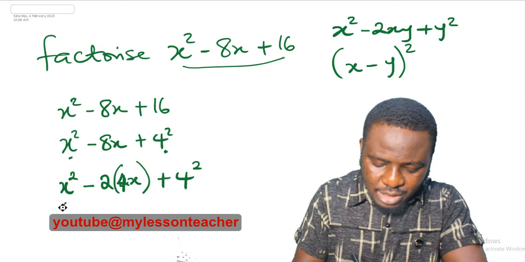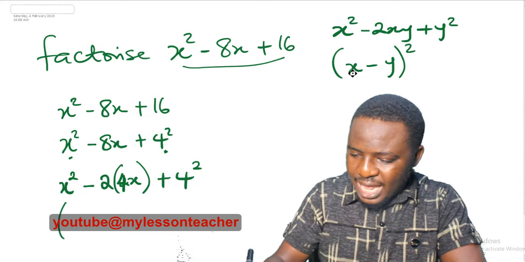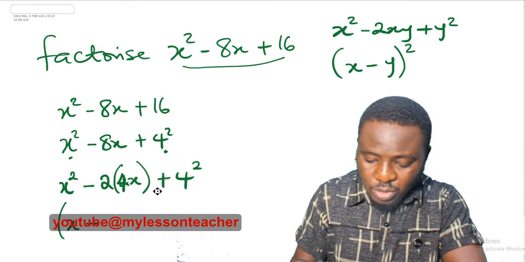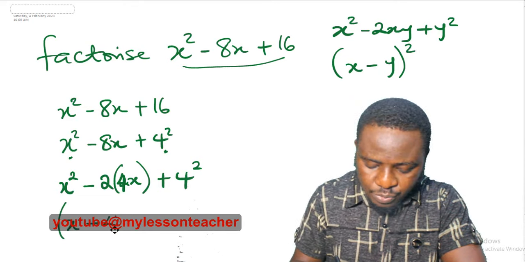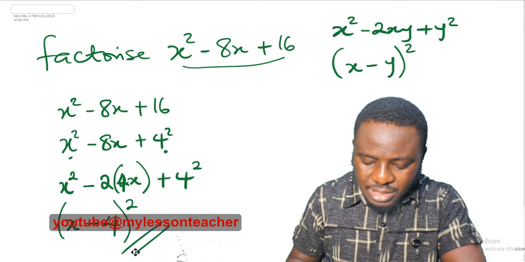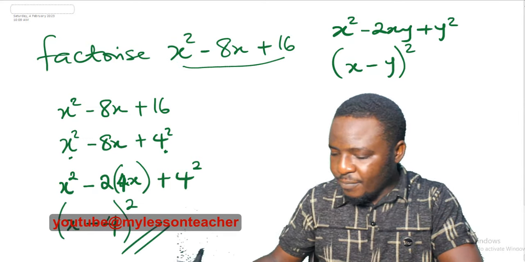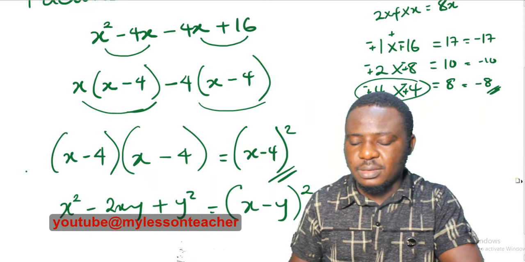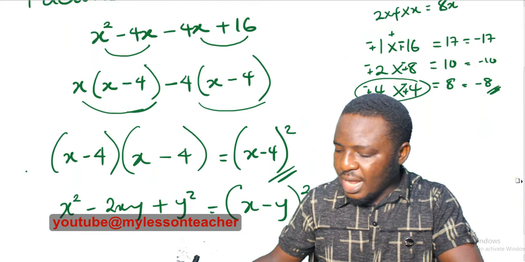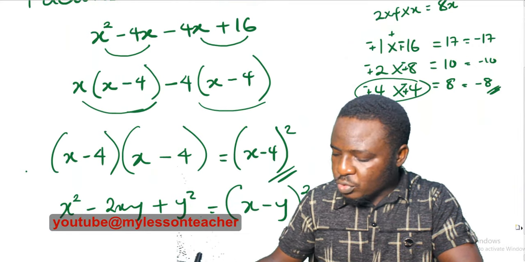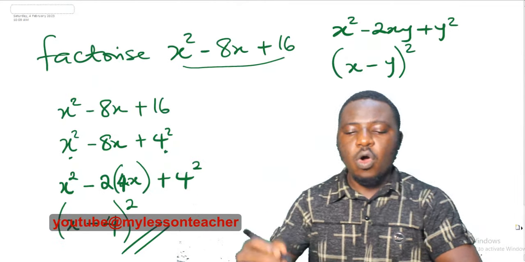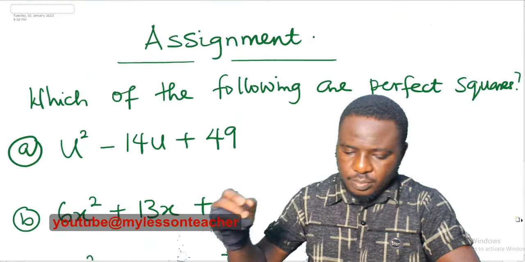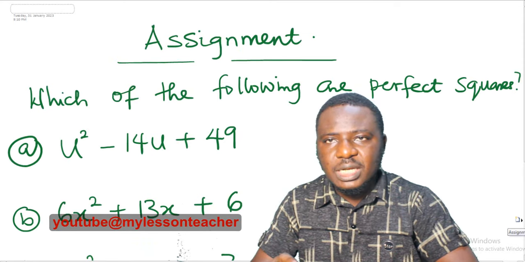So all you need to do now is use x minus y all squared. That is x minus, what is the value of y now? y is 4, all squared, which is the same thing as what we got in the first example when I factorized it. So you can use it and factorize without going through all the methods we used in the first examples. That brings us to the end of today's class.